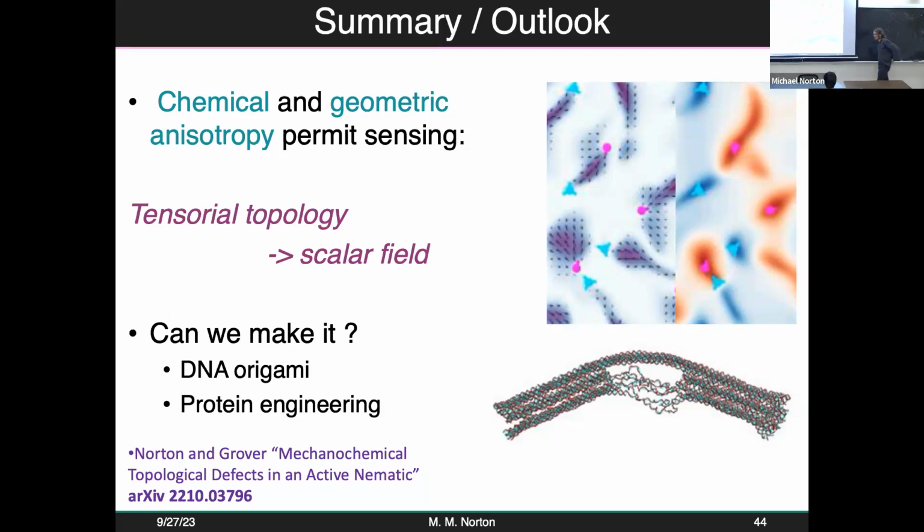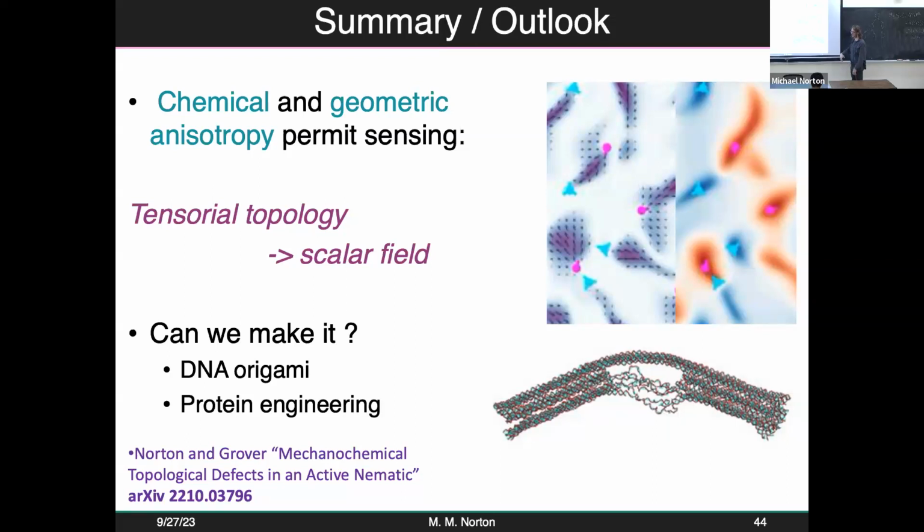So here we are trying to build a scalar field from the bend information, I suppose because in the extensile system we have the bend-splay asymmetry. Does it mean that if you want to detect the defects in the contractile system, you need to build another scalar field from the splay? Yeah, and actually I think you could have done what I did based on splay instead. You just have to envision a different cartoon for what the enzymes are shaped like. I think this would still work.